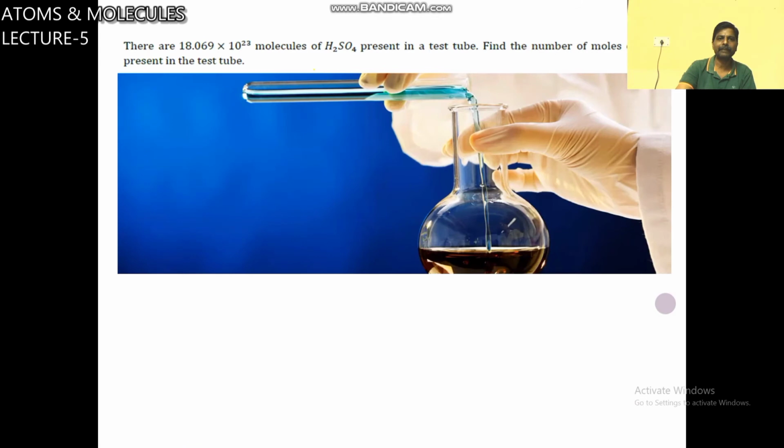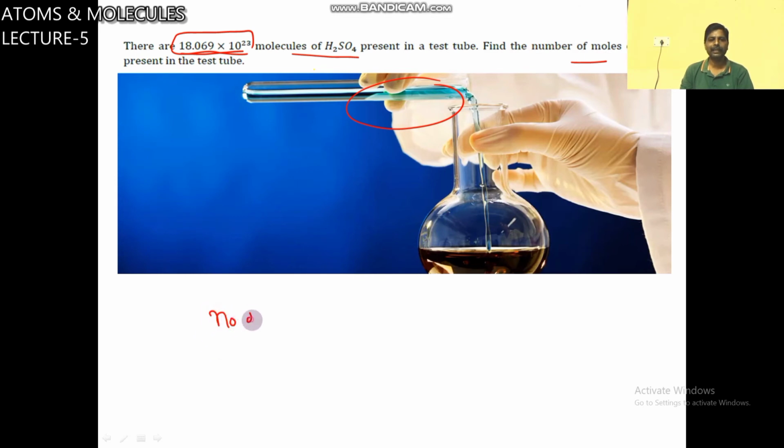You can see some numericals. There are 18.069 into 10 to the power of 23 molecules of H2SO4 in this test tube. Find the number of moles.